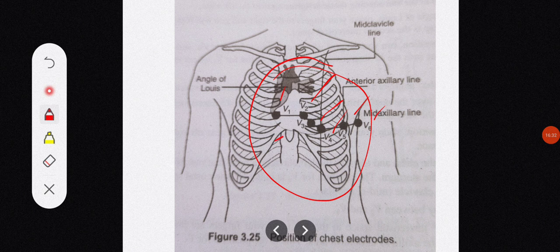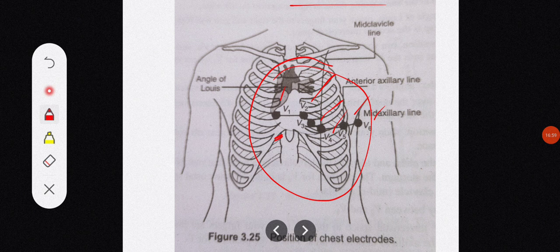These black dots are the 6 pre-designated positions on the chest where an electrode can be placed. These are called precordial unipolar leads and are designated V1, V2, V3, V4, V5 and V6.